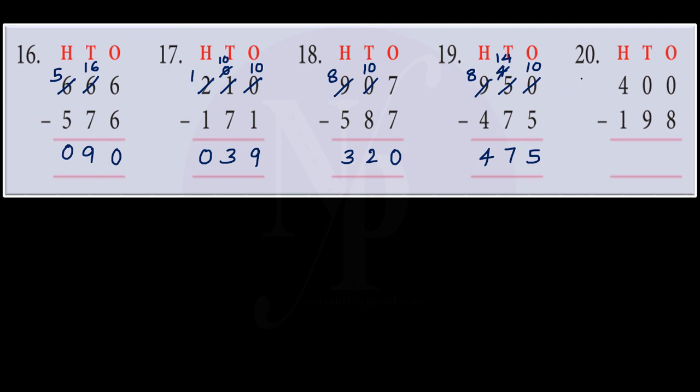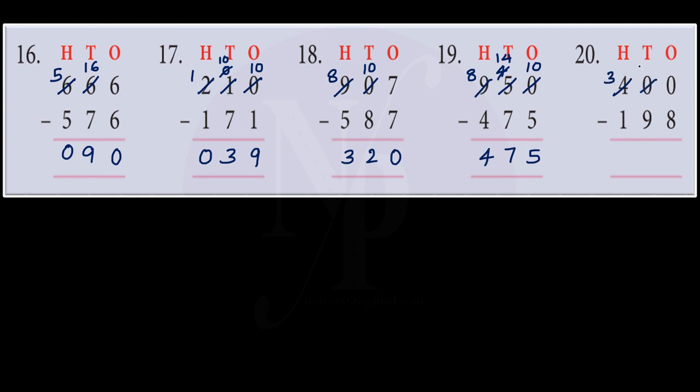Coming to question number 20, we have 400 minus 198. Here we need to regroup to subtract 8 from 0. So moving to tens column, again we have 0. So from the hundreds column digit we will borrow, or regroup, the hundreds column digit. So we make this 400s as 300s and borrow 100 to tens column.